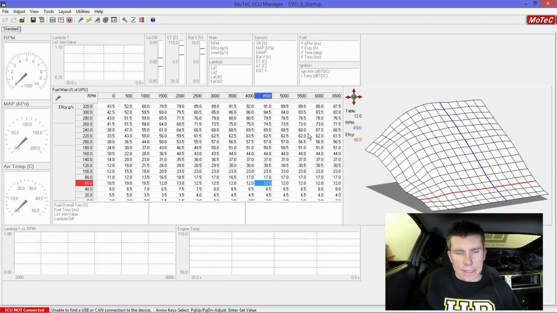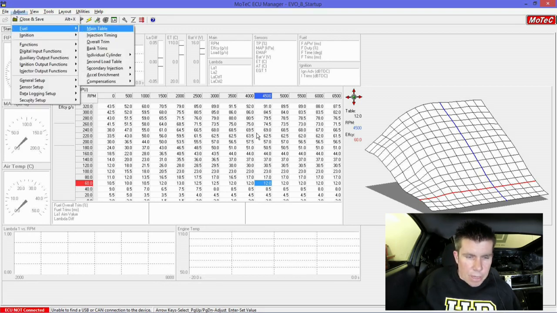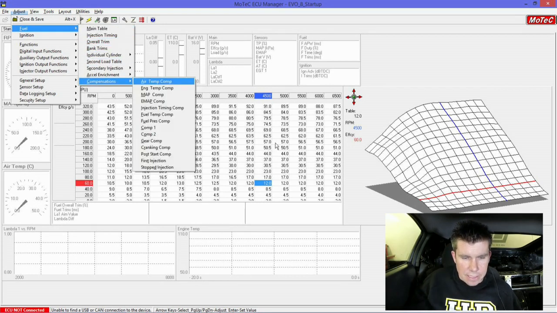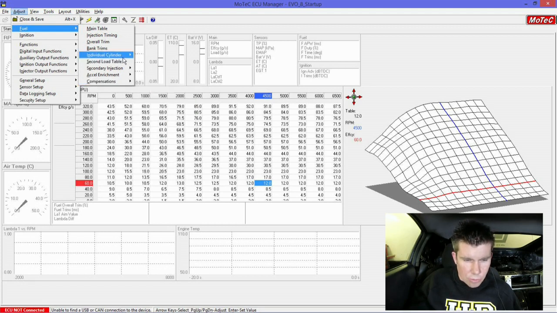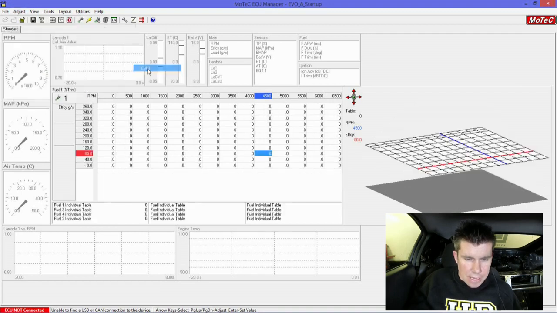Nothing particularly awe-inspiring or untoward going on there. But if we go through our compensations, and you can see these are all of the compensations that are available in the Motec, we'll actually drop into our individual cylinder trims, and this is the tables.